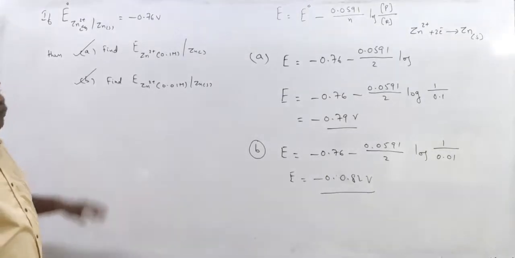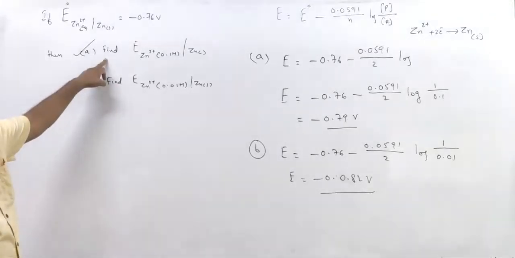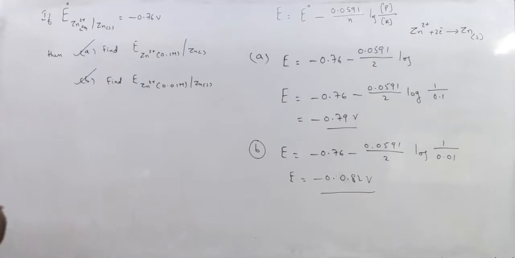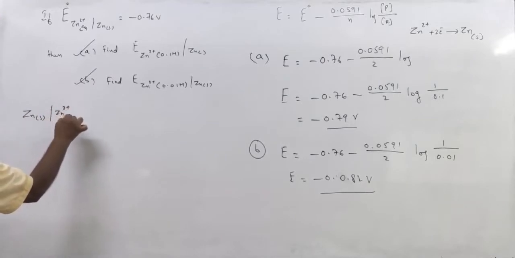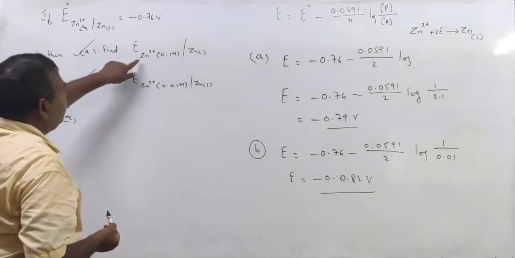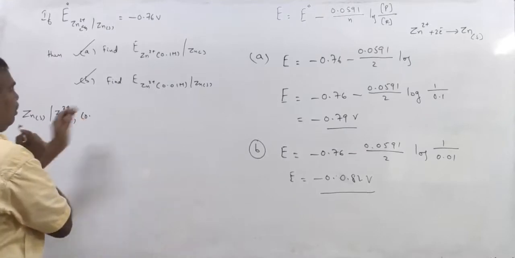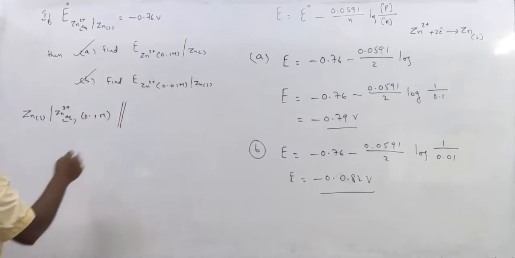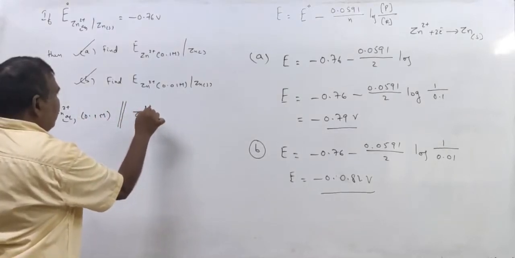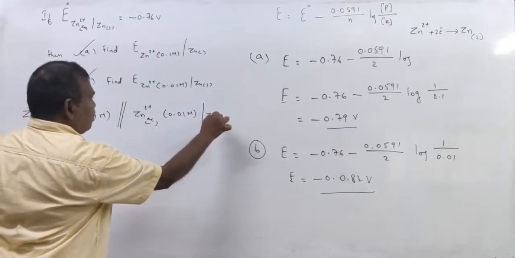Suppose these two electrodes are used for constructing an electrochemical cell, like this: zinc solid, Zn2+ aqueous, 0.1 molar, as anode, then Zn2+ aqueous 0.01 molar, Zn solid.